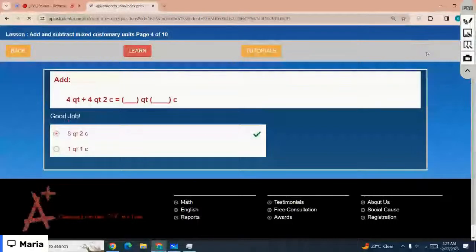Okay, the next one is 1 yard 1 foot minus 1 yard 1 foot, which is the correct option?